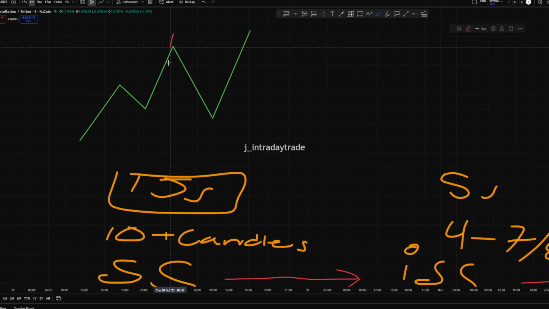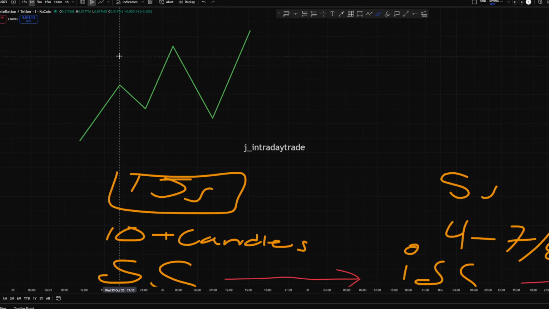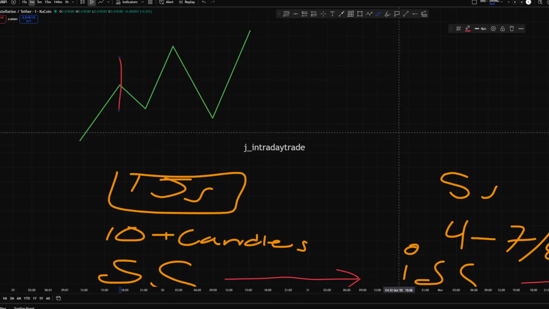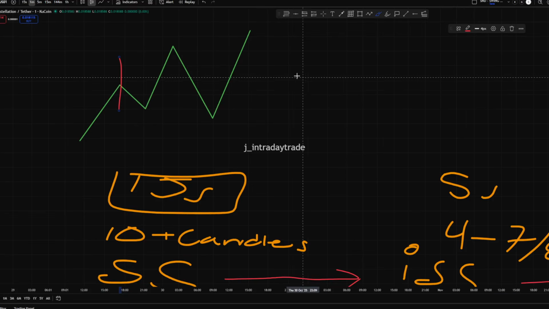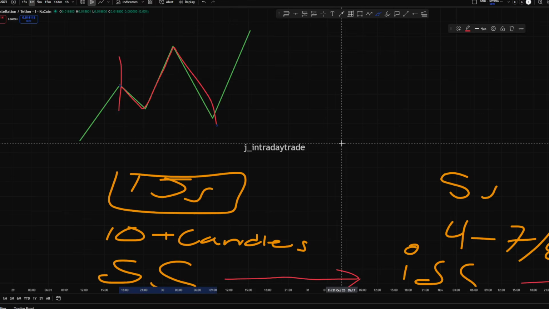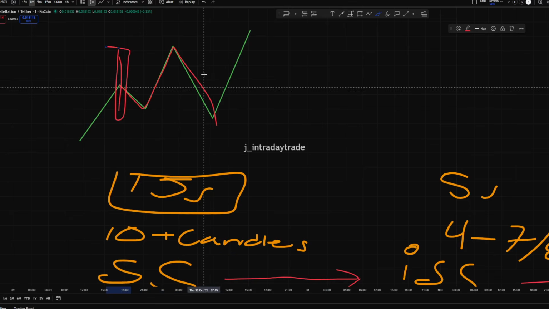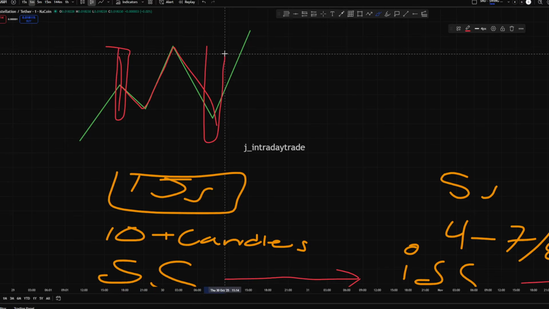If we start to count it from here, it's going to be less amount of candles. But if we start to count from here, it's going to be more amount of candles. So where do we start? We always start at the beginning. Sorry, apologies. At the beginning of the breathing room, right? At the beginning of the breathing room that gets swept, which means we start to count the amount of candles from here all the way till we start to turn around, right?